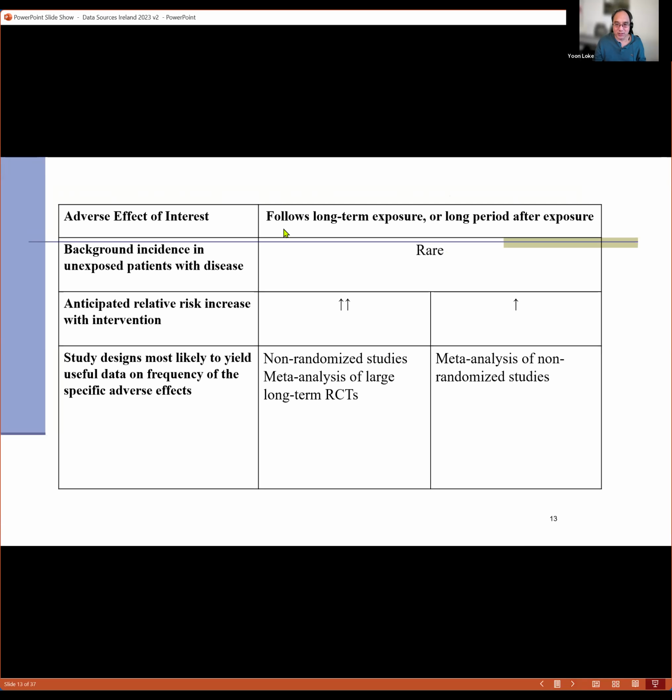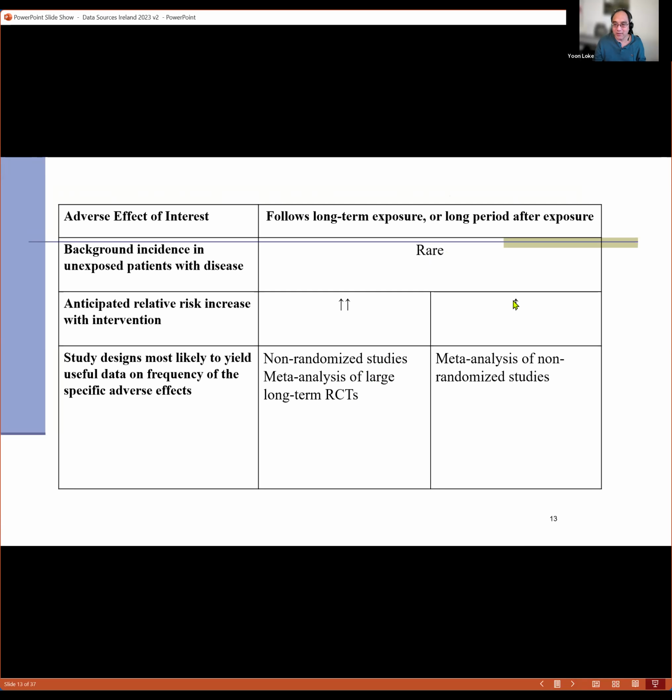This slide shows the more difficult scenario. Something harmful occurring 3 years down the line after receiving your intervention. It's rare. Even if the relative risk increase is great, you may need lots of large long-term RCTs or non-randomized studies.